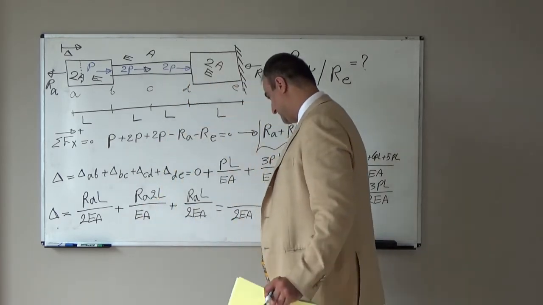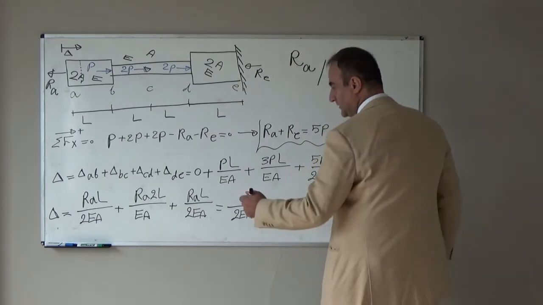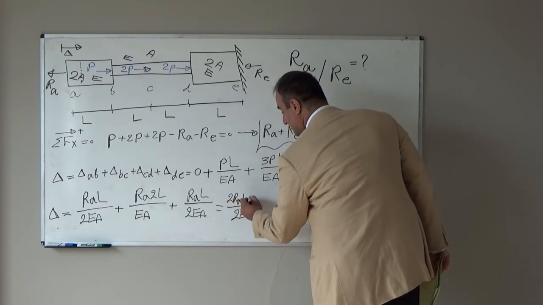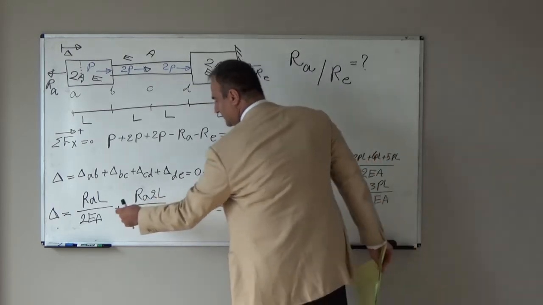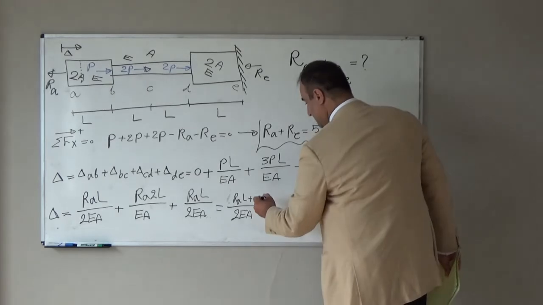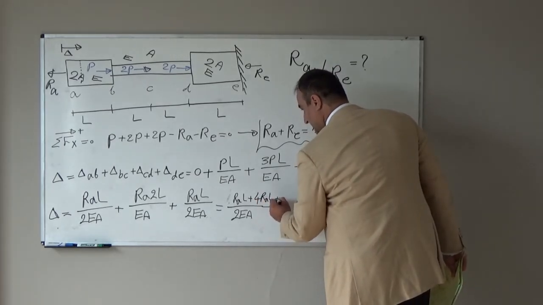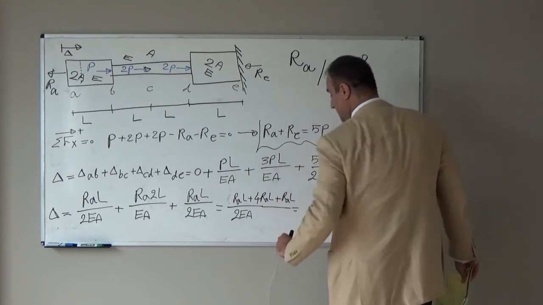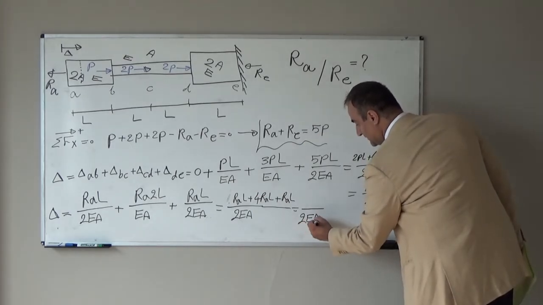So if we add together, it will be RAL over 2EA plus 4RAL over 2EA plus RAL over 2EA.